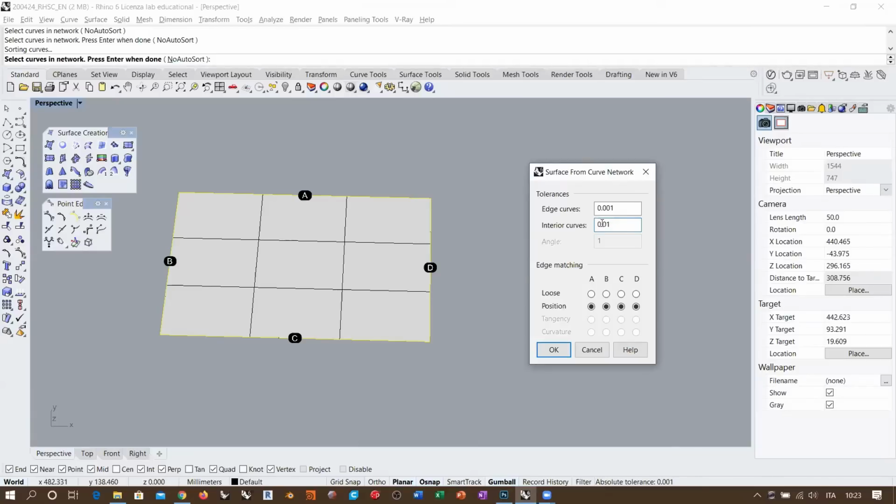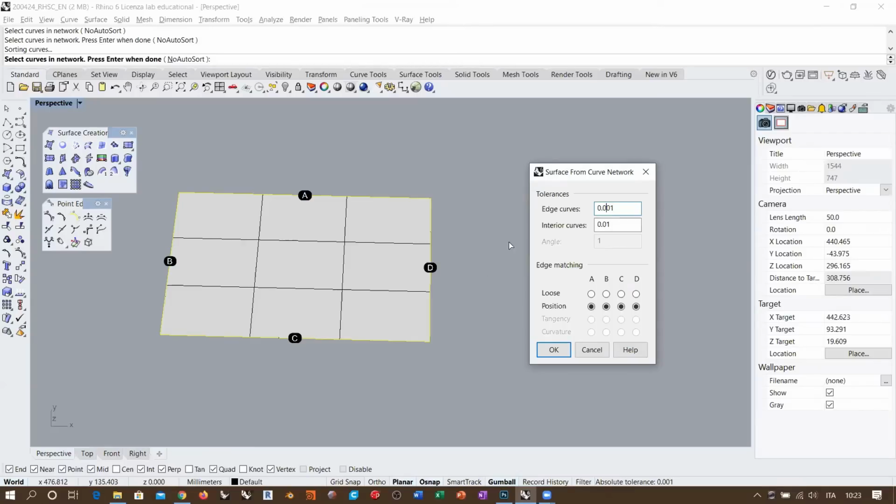Okay, so this surface actually would pass through interior curves with, let's say, less precision. Okay, so everything is based on these two values here, right? So if you work with a surface from curve network, the network of curves that you are creating is just taken into account as reference and not as precise cross-section or precise internal curves, okay?